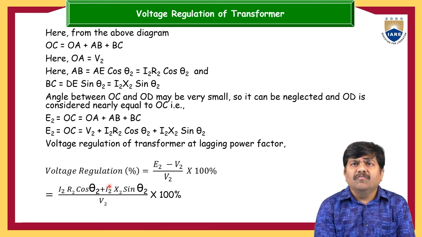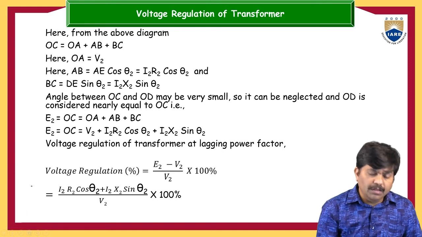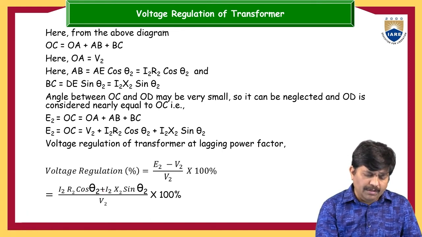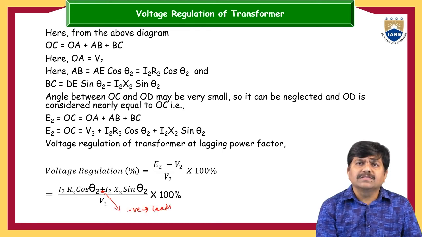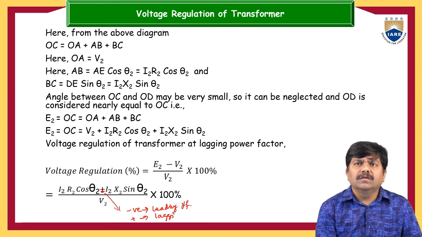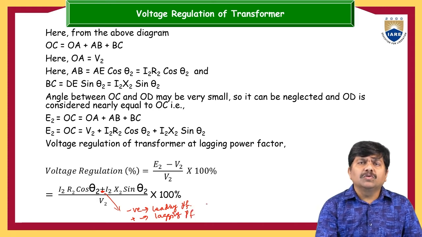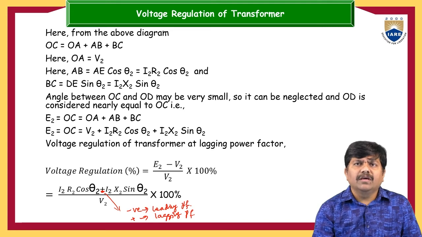Now this is for lagging power factor loads. Suppose it is a leading power factor, now here we are going to get the negative value. This negative sign is for leading power factor cases, and positive is for lagging power factor cases. So this is the formula we are going to use for the calculation of voltage regulation.